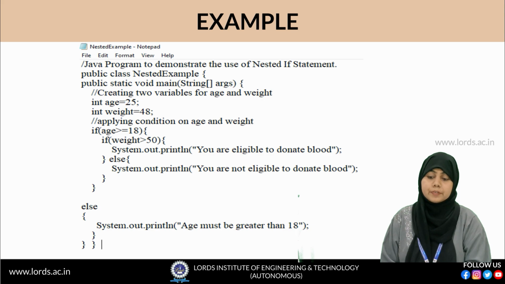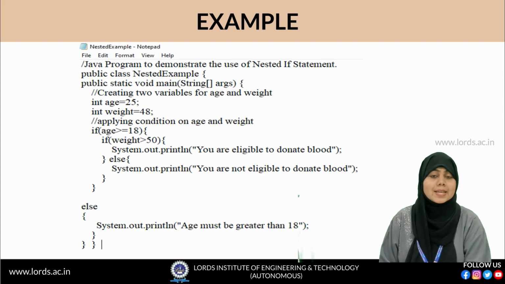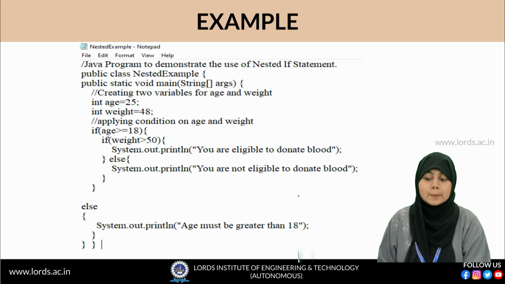If it is greater than 50, we say that you are eligible to donate blood. Or else, suppose age is greater than 18 but weight is less than 50, then the else part is going to be executed: you are not eligible to donate blood.